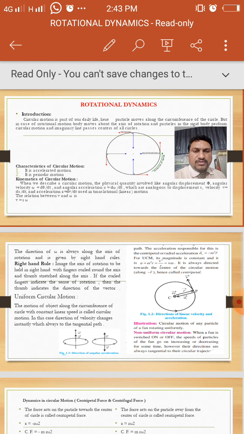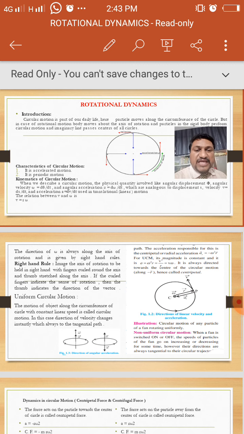The displacement in linear motion is analogous to the angular displacement in rotational motion. That means x is analogous to theta. Velocity in linear motion is analogous to angular velocity in rotational motion.